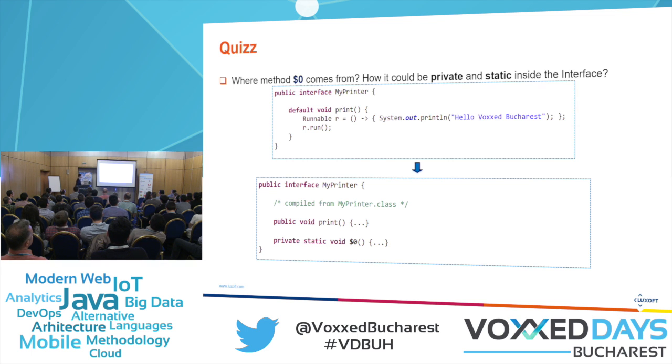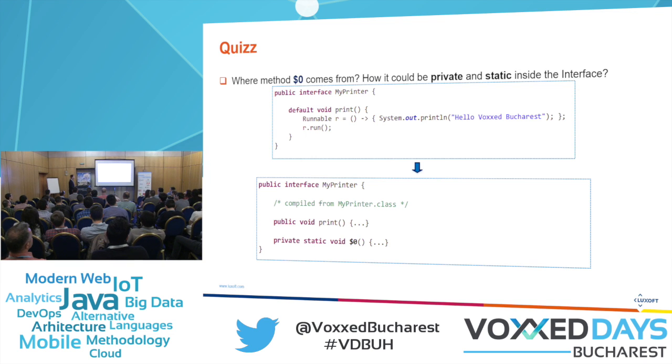I have this my printer interface, and because Java 8 allows me to declare default methods in an interface, I can declare this print method in my interface. Inside the print method, I have a lambda expression. All the lambda expressions are desugared into this kind of lambda$0. That's why I told you initially I renamed the method a bit, because otherwise it would be too obvious.